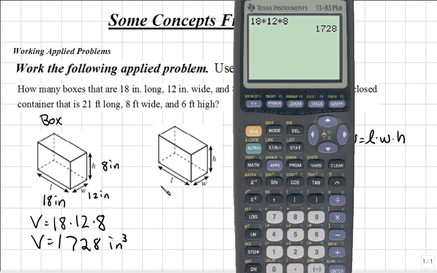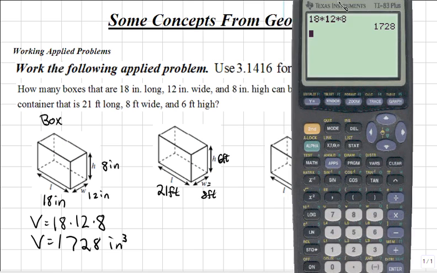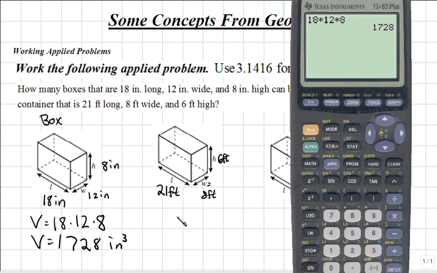So we'll first label that this is 21 feet long, that this is 8 feet wide, and that this is 6 feet high. But we'd like to convert each one of these feet to inches. Recall that to convert feet to inches, we'll multiply by 12 inches per foot.